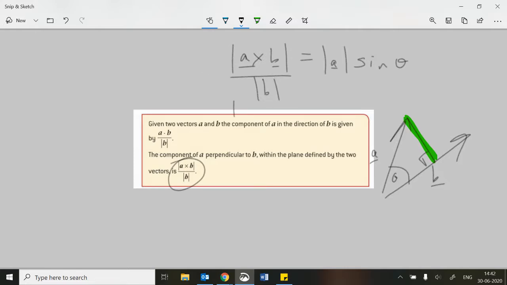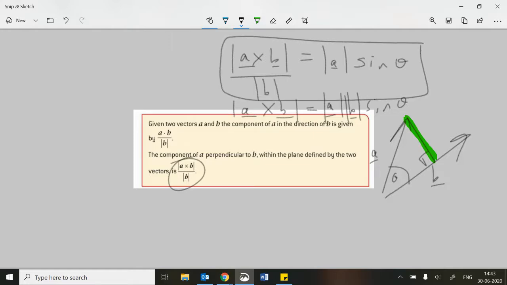Well, that is your cross product, remember. The magnitude of the cross product is equal to the magnitude of A times the magnitude of B times sine of theta. That's what we know from before, from chapter 3, but that's rearranged to give you this thing here.